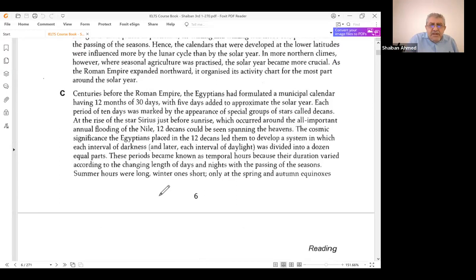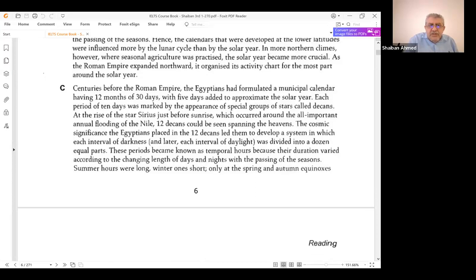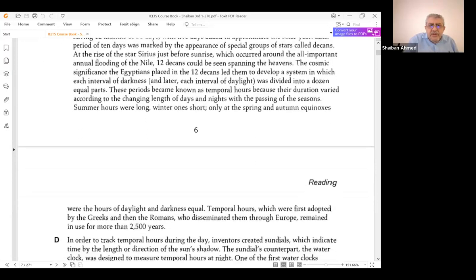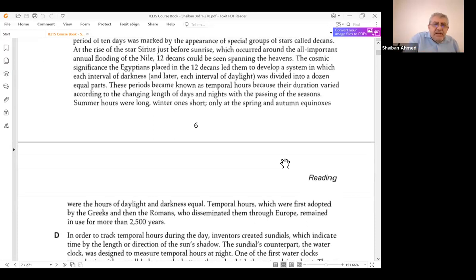According to these periods, those varied according to the season. Greeks, same paragraph, Greeks. Temporal hours which were first adopted by the Greeks and then the Romans.